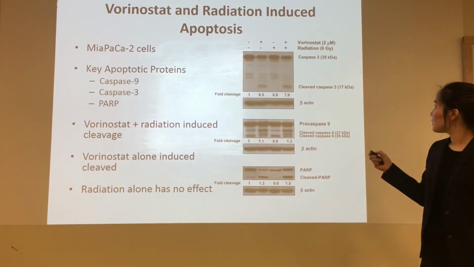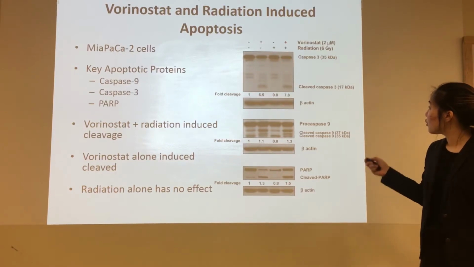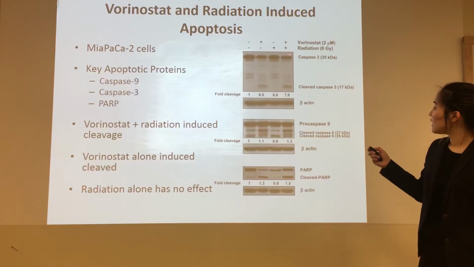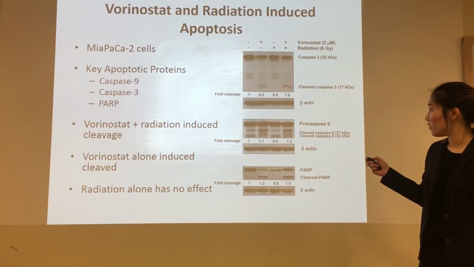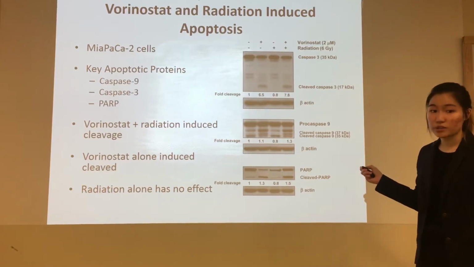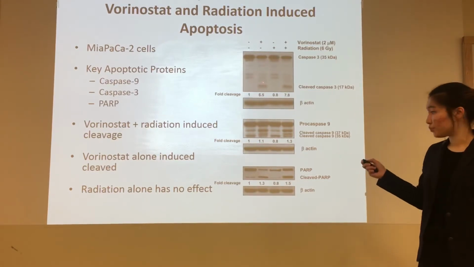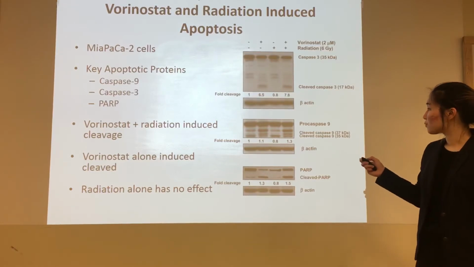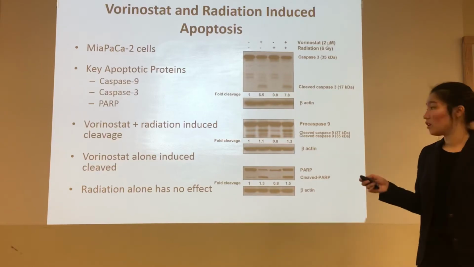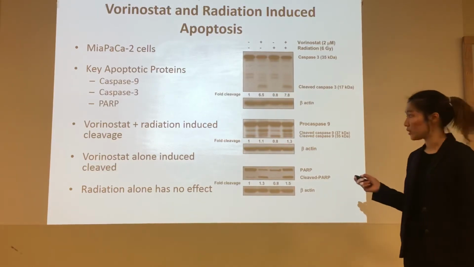The top here is caspase-3. If you see the far right column, it shows that Vorinostat and radiation combined induced cleavage of the apoptotic proteins, which means apoptosis occurred. However, it also showed in the second column that Vorinostat alone induced cleavage. And if you see the third column, radiation alone had no effect on the cleavage of these apoptotic proteins.